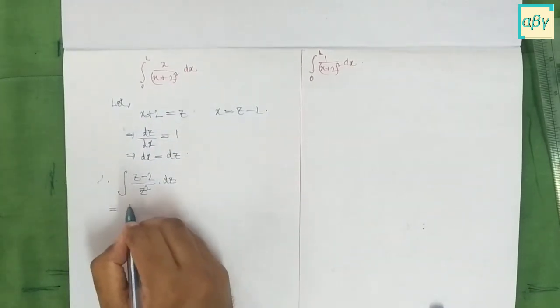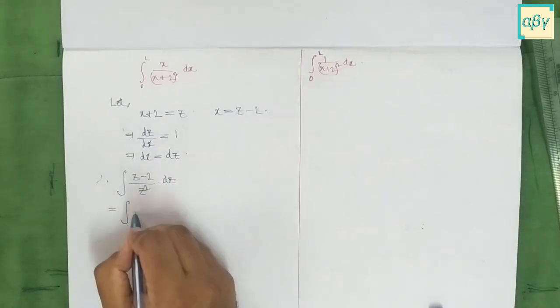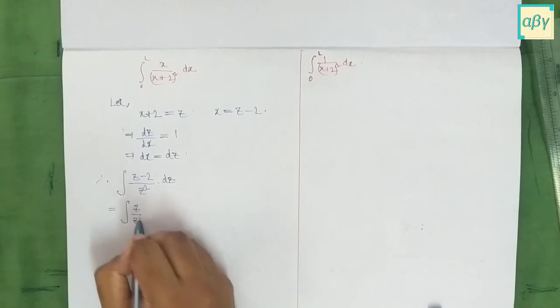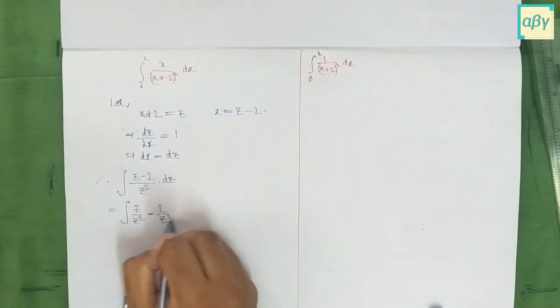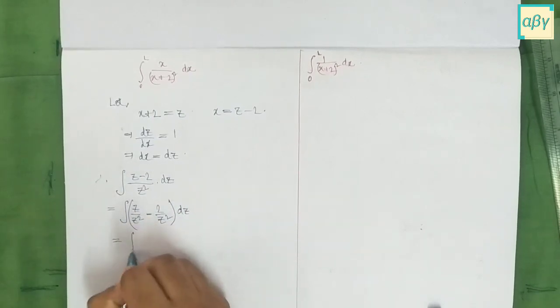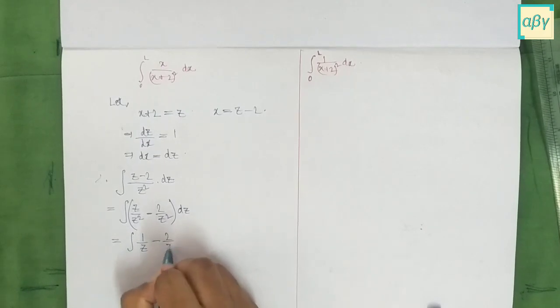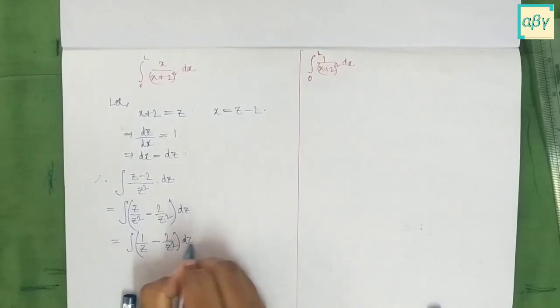Let me solve this integral. I am not writing the limits. It becomes z by z squared minus 2 by z squared, splitting it, times dz. This gives a cancellation, so it's integration of 1 by z minus 2 by z squared dz.